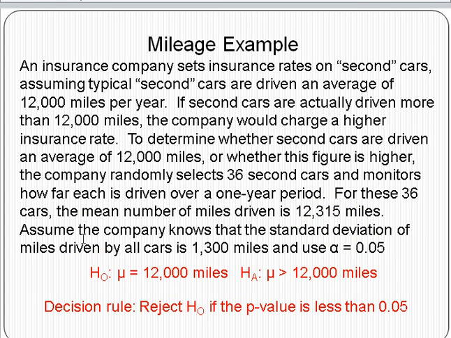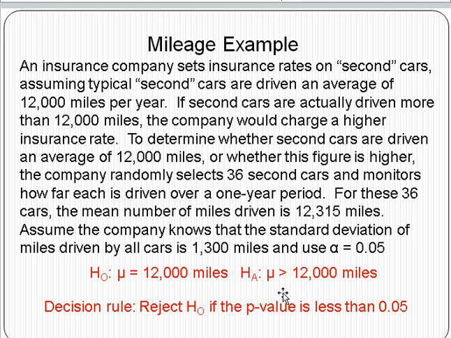Assume that the company knows that the standard deviation of miles driven by all second cars is 1,300 miles. And use alpha, your level of significance, as 0.05. So the competing claims: the null hypothesis is that the mean number of miles driven by all second cars is 12,000, versus the alternative that the mean is greater than 12,000.